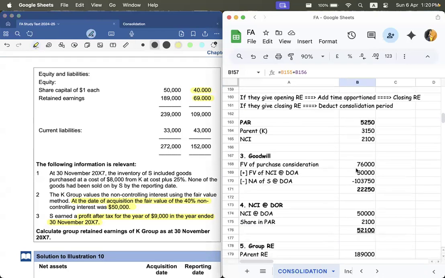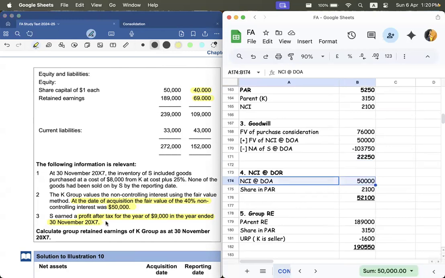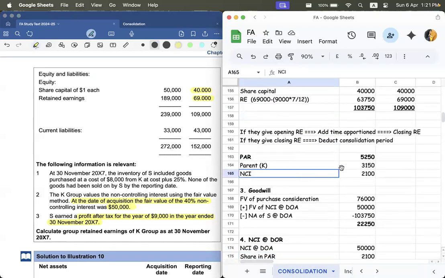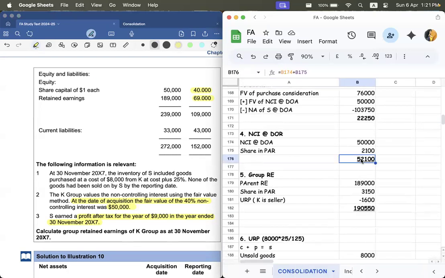Whatever you get is the goodwill. Now we need NCI at DOR. You take the NCI at DOA, which is clearly given here, and add the share in PAR, which you calculated in working note 2. And you get the DOR NCI.